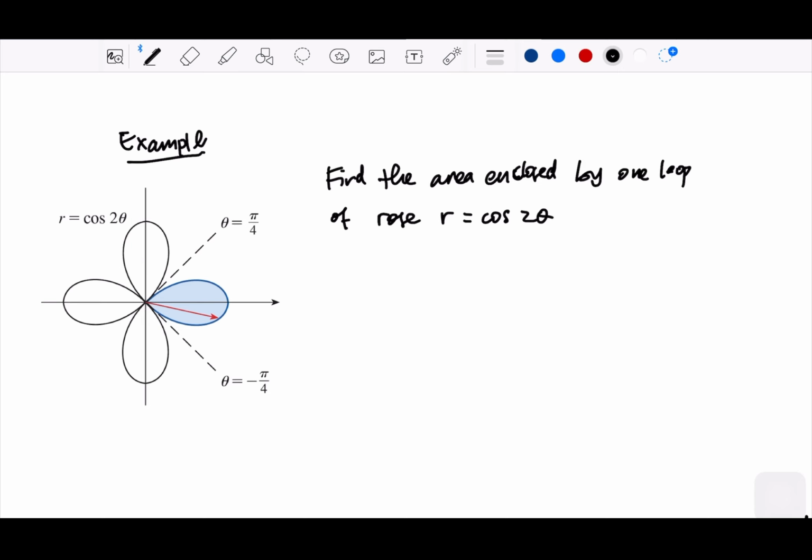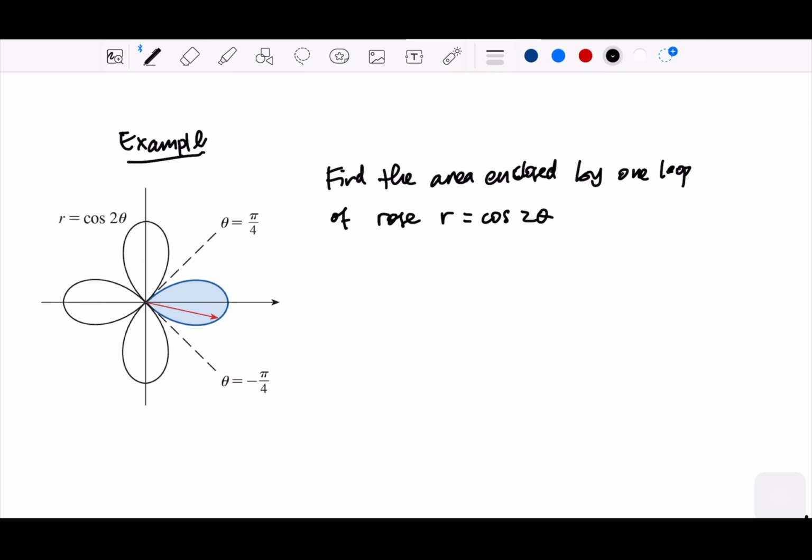And what happens when theta is pi over 2? It is cosine pi. What is cosine pi? Negative 1, right? Remember, usually this is pi over 2, but because it's negative, it goes through the other side.